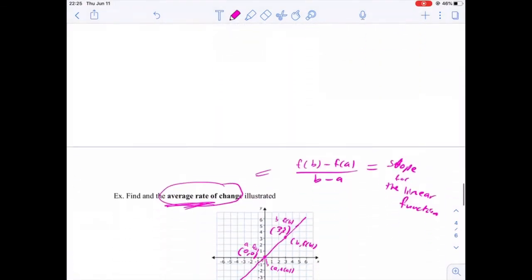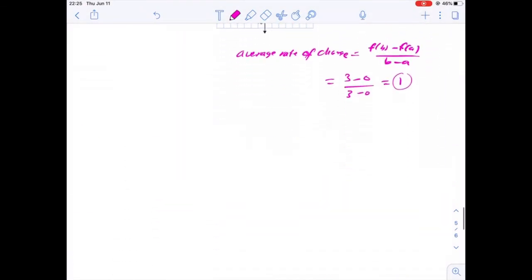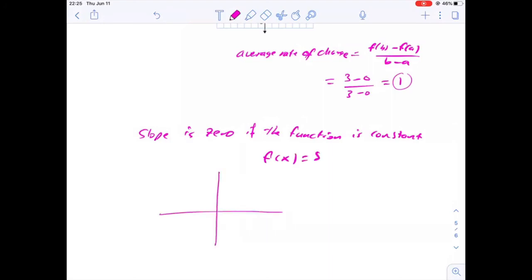Now, if the slope is 0, what does that mean? The slope is 0 if the function is constant. For example, f of x equals 5. If we graph the function, the height is 5.